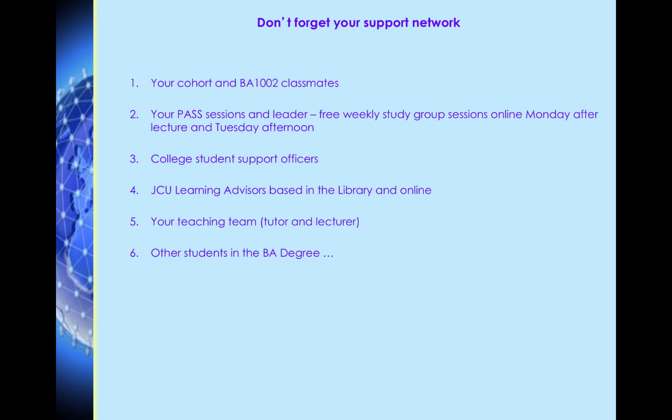You also have your college student support officers in the Collaborate session. You're going to meet all of these people this week. You also have JCU Learning Advisors based in the library. They're also available for external students online. You have your teaching team, that's me and your tutor. And of course, you have other students in the BA degree, people who have gone before you and made a way.